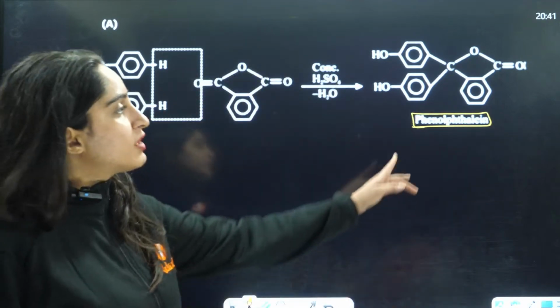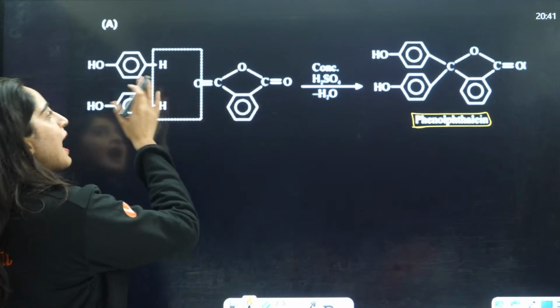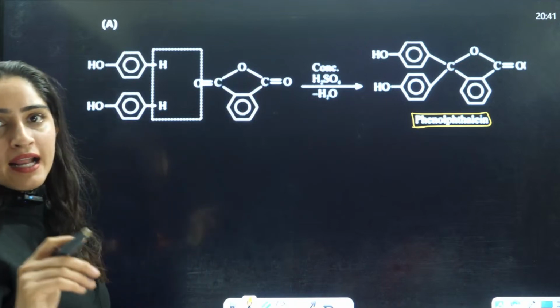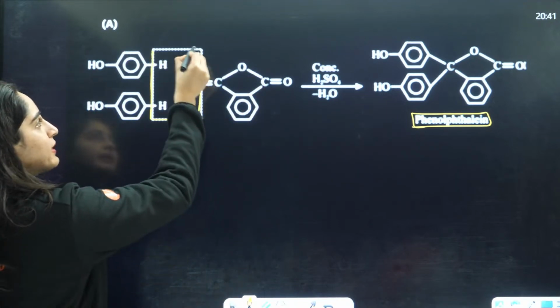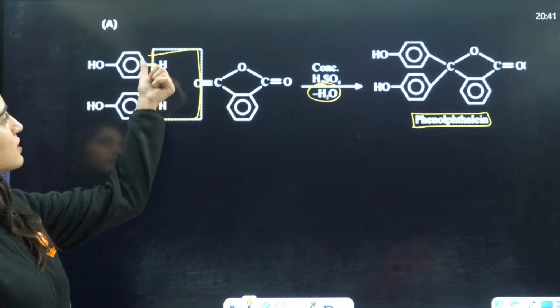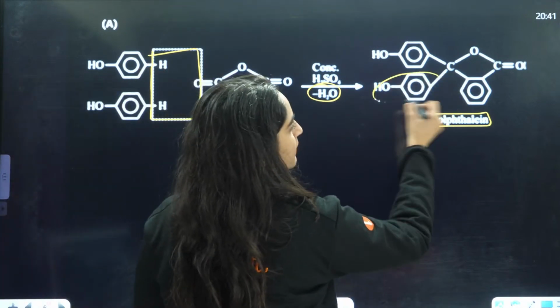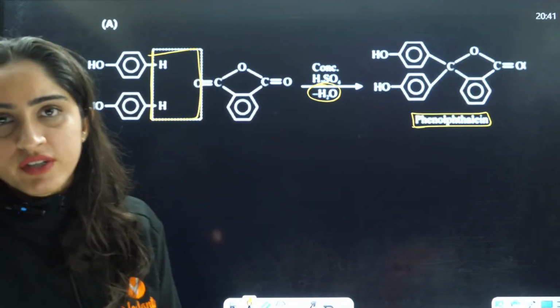If you react two phenols with phthalic anhydride, this oxygen and this water will be taken out, and the two phenols will be placed here, giving the structure of phenolphthalein.